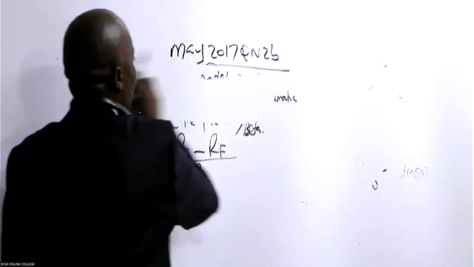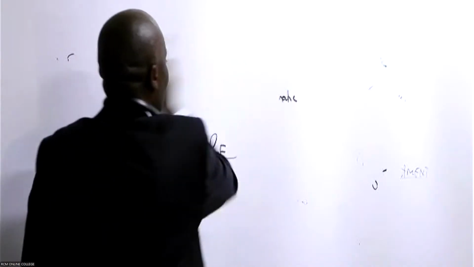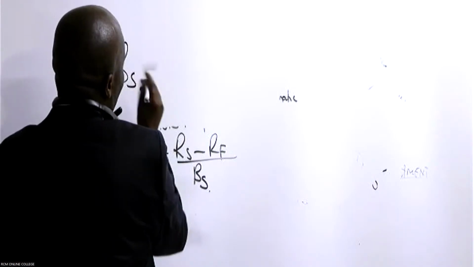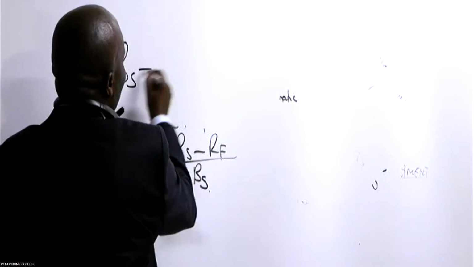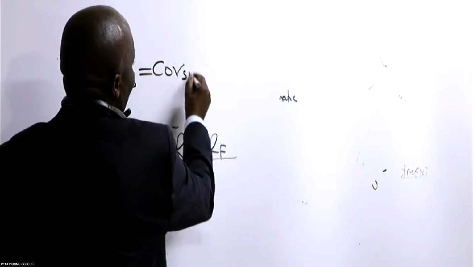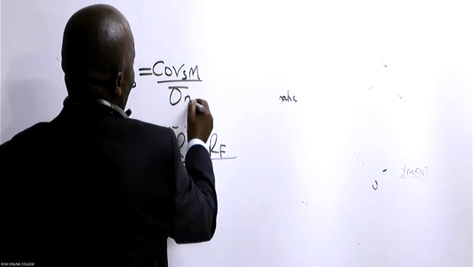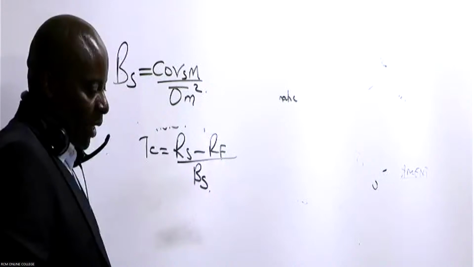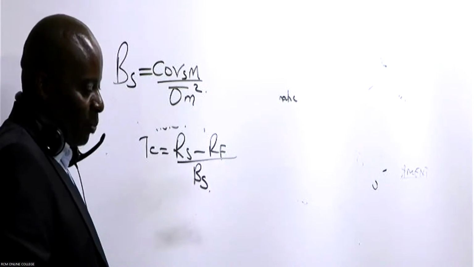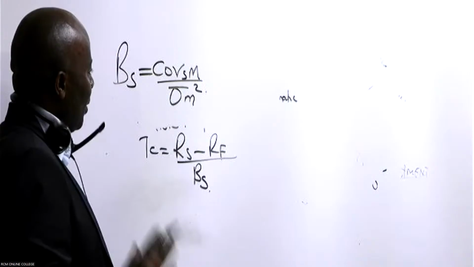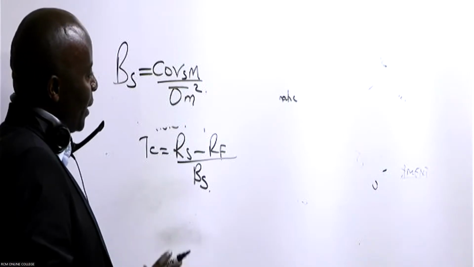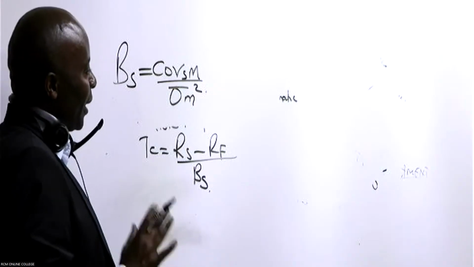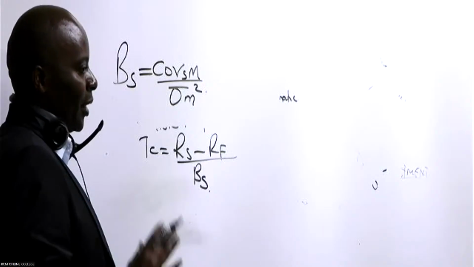Anytime they want us to give them beta of a security, we always take the covariance between the security and the market, all over the standard deviation of the market squared. This is so important for you.